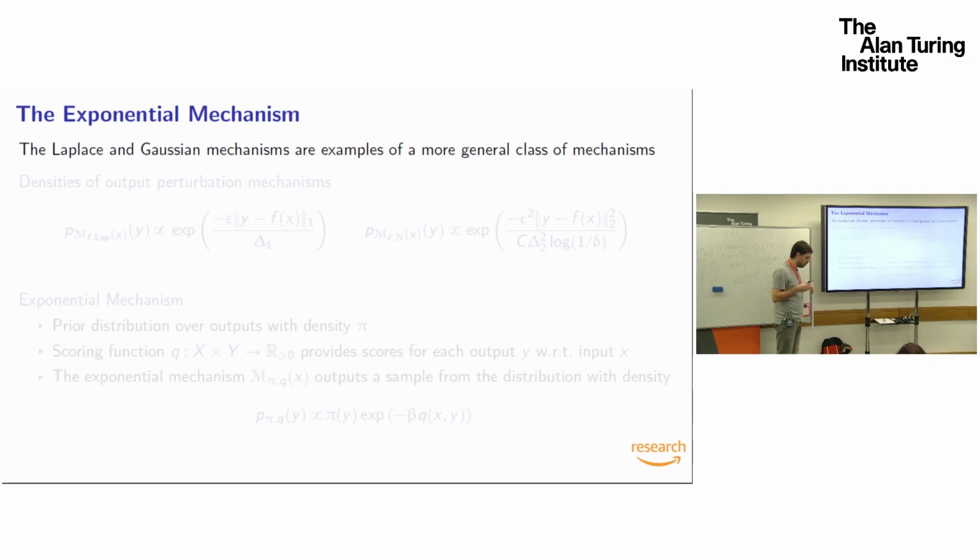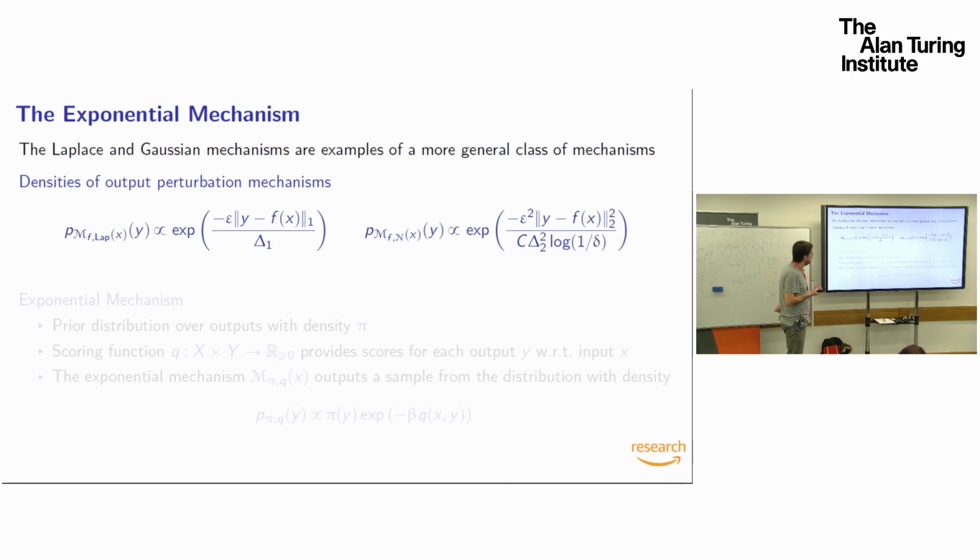Okay, so now we can do another jump, another abstraction. I want to say here that the Laplace and the Gaussian mechanisms that do output perturbation are actually examples of an even more general class of mechanisms, the exponential mechanisms. To motivate this, you can look at the output densities of this output perturbation with Laplace or Gaussian noise.